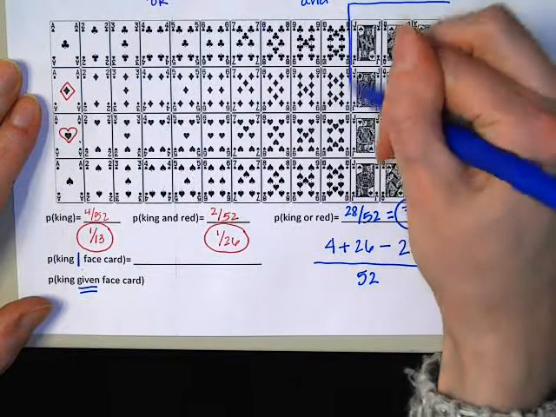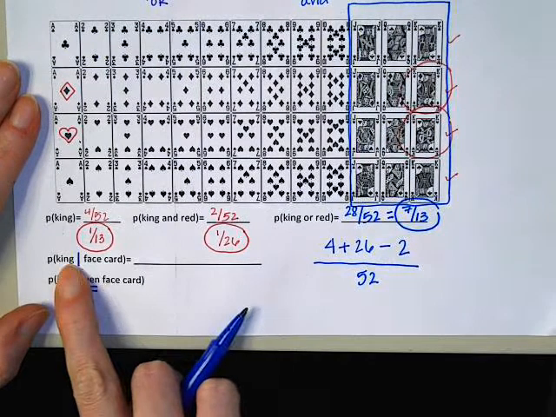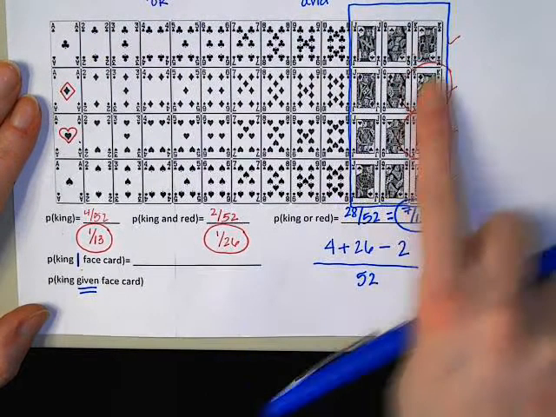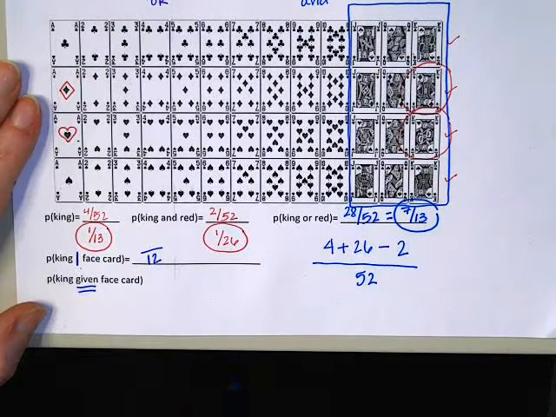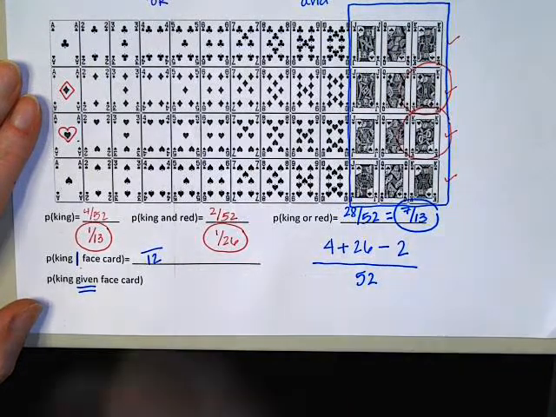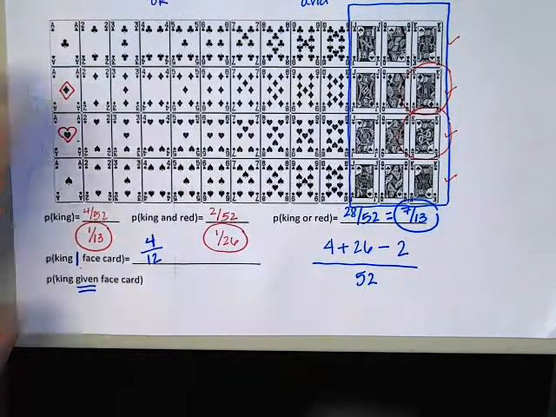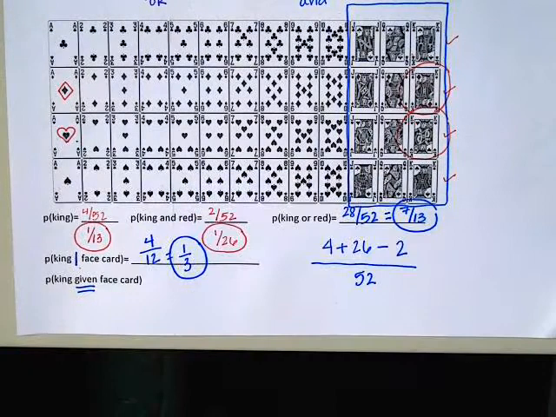So if you know it's one of these, what is the probability that it's a king? So our new denominator now is 12. What's the probability that you get a king? 1, 2, 3, 4 chances out of those 12. So the probability is 1/3. All right, so just a little bit with cards.